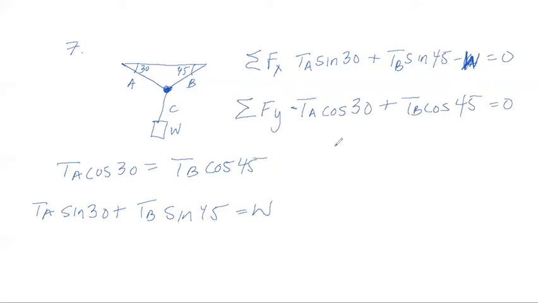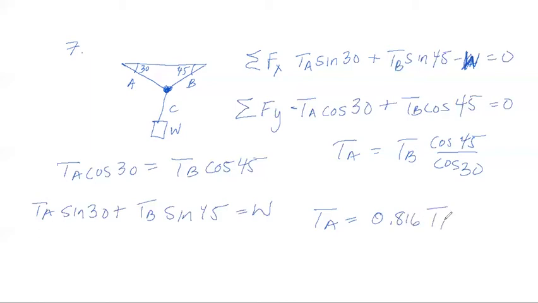I went ahead and solved for TA equals TB cos 45 divided by cos 30. And then I got TA equals 0.816 TB.